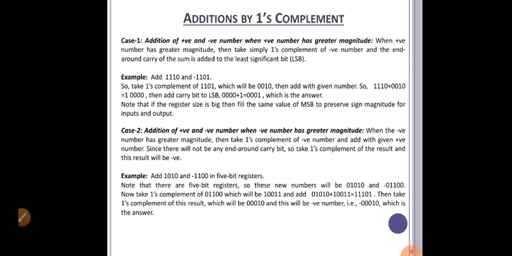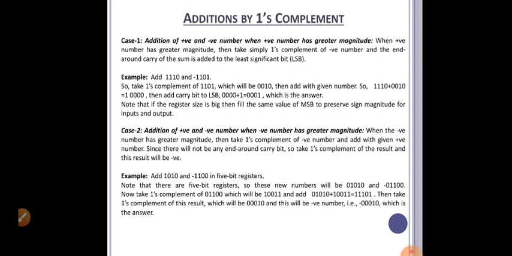When the positive number has greater magnitude, magnitude always counts as 7 bits, and 1 bit is reserved for sign. Then take simply the one's complement of the negative number, and the end-around carry of the sum is added to the least significant bit. This situation will be clearer from the given example.